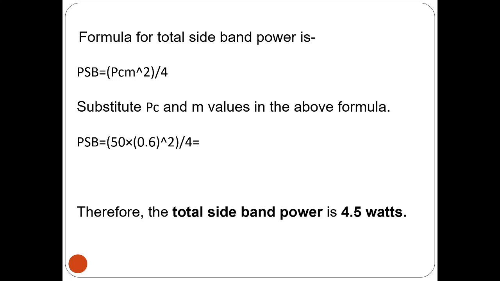We can say PSB is equal to Pc m square upon 4. Substituting the values of Pc and m in the above formula, we get power of sideband equal to 50 into 0.6 square upon 4, where 0.6 is the modulation index. So the total sideband power is 4.5 watt.